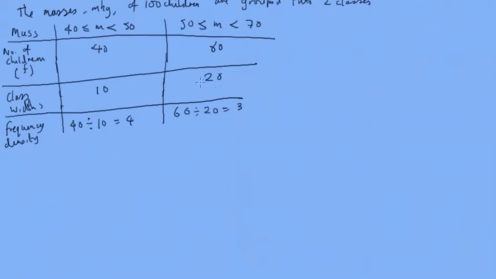So for the unequal widths, the masses are represented in the histogram by frequency density. So our y-axis is going to be frequency density, and it measures the number of children. So remember, this is number of children per kilogram.